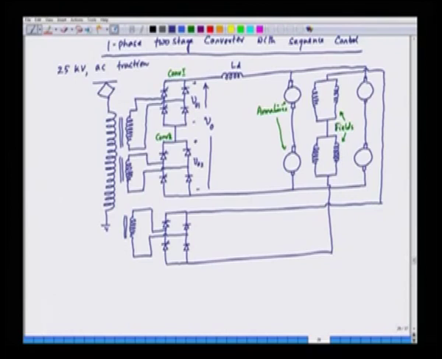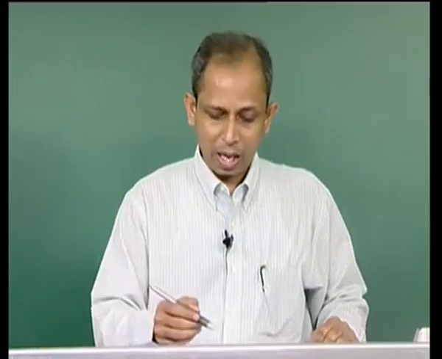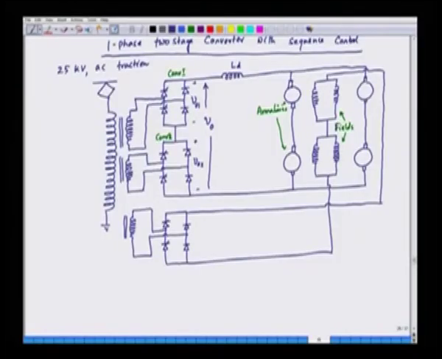Both the converters are off. When the converters are off, it means the triggering pulses are not applied, and the voltage output is 0, because the load is short circuited through the diode. We have 2 diodes here and 2 diodes here, and these diodes give a freewheeling path for the load current.